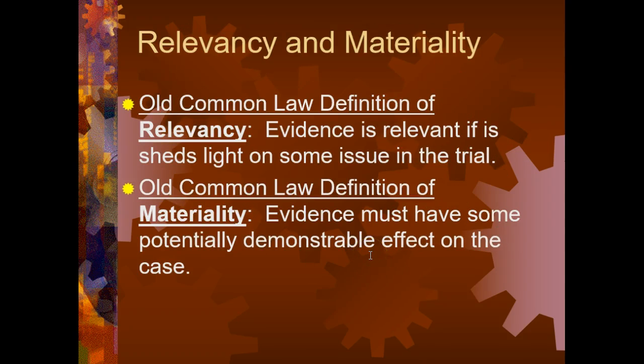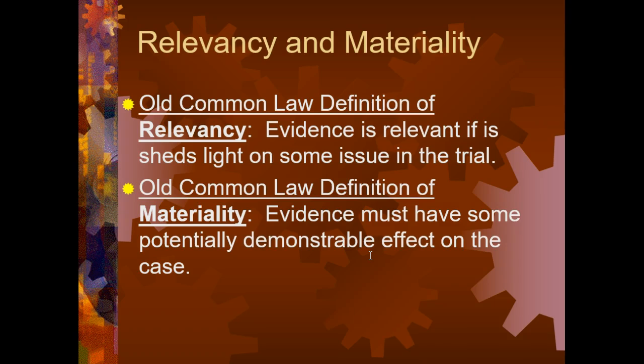All right, let's look at the old common law definition of relevancy. Again, it's no longer the definition because we've changed all that under the rules of evidence, but evidence was relevant if it sheds light on some issue in the trial. It's a very broad standard.